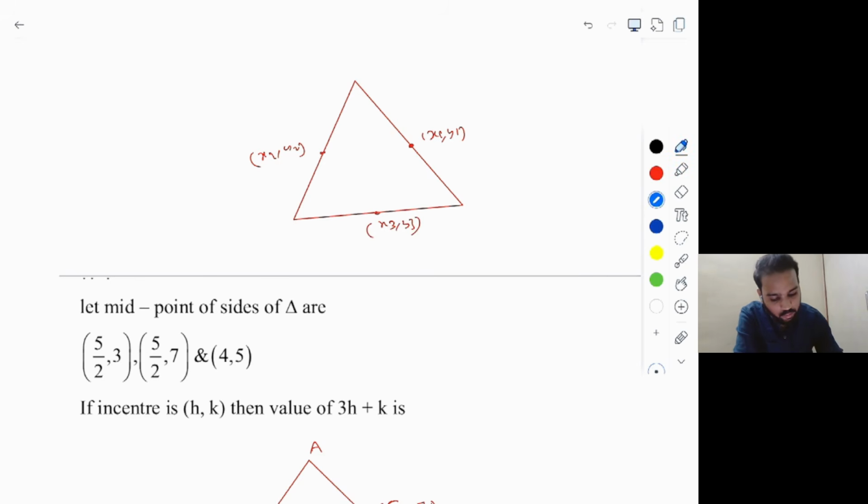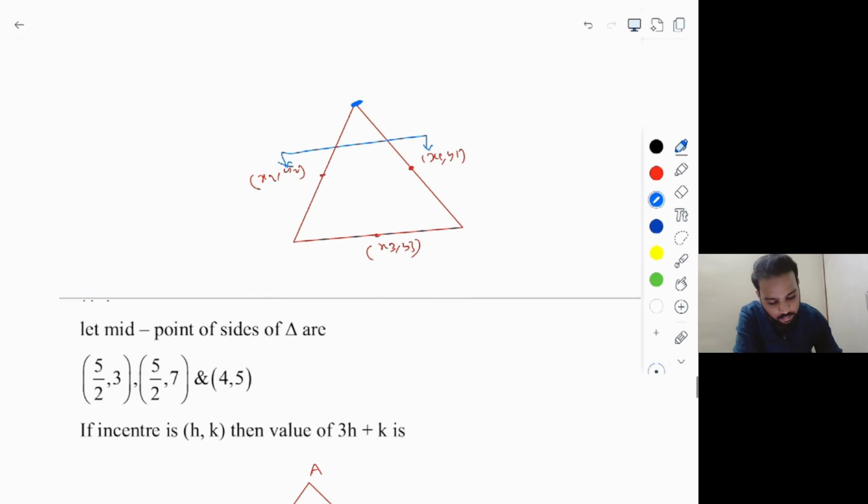Okay. So let's say I want to find out this vertex here. Look at the diagram. If I want to find out this vertex, what you're going to do? You're going to add the corresponding coordinates of these two, and you're going to subtract the opposite one. That is x2 plus x1 minus x3, comma, similarly, y coordinates as well, y1 plus y2 minus y3.